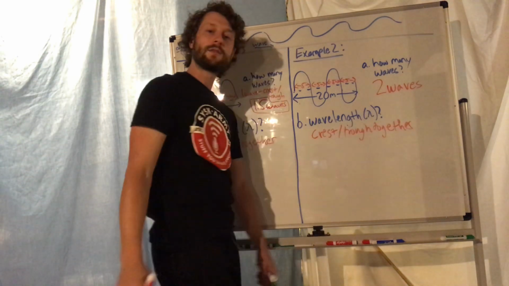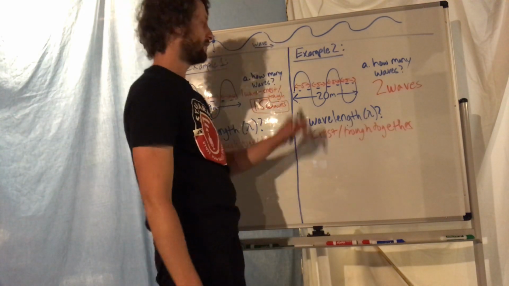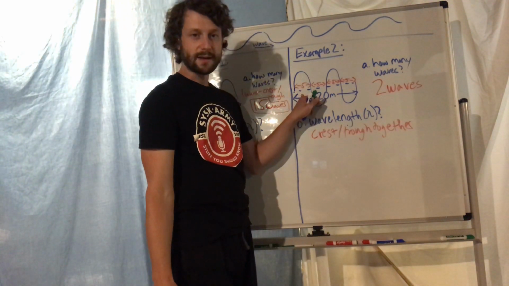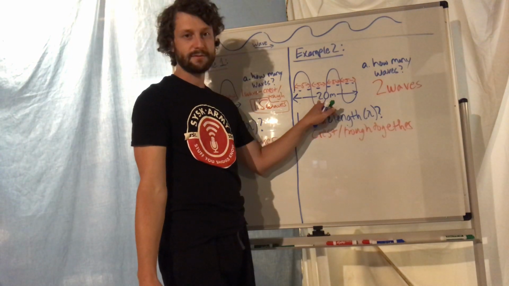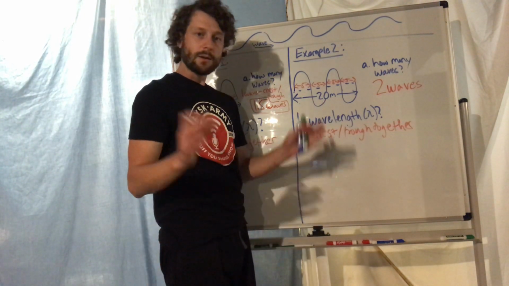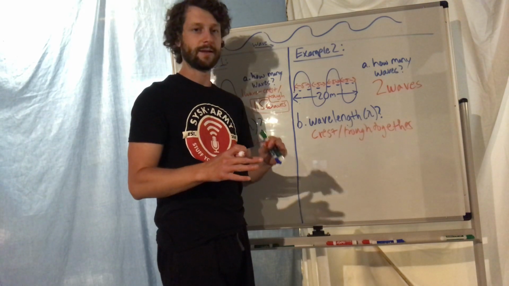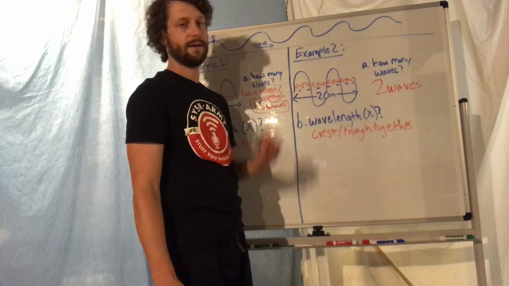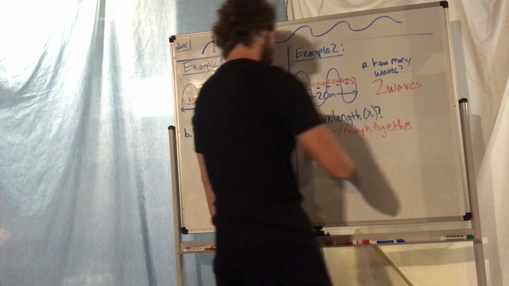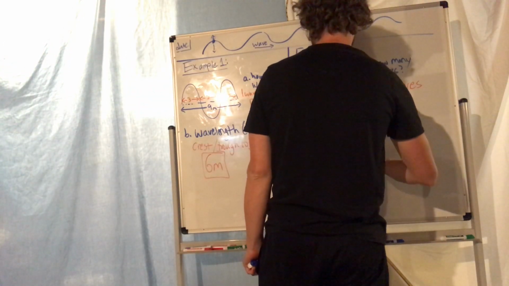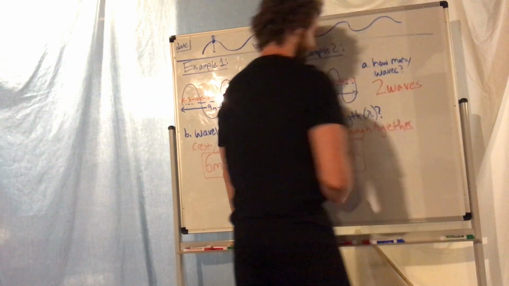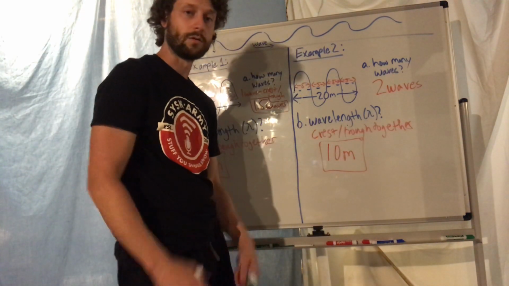But 5 is not the wavelength. 5 is just the length of 1 crest by itself or 1 trough by itself. But a crest and a trough together is what gets us the wavelength. So 5 and 5 make 10. And that is the length of a crest and a trough together. That's the length of a whole cycle or a whole wave.